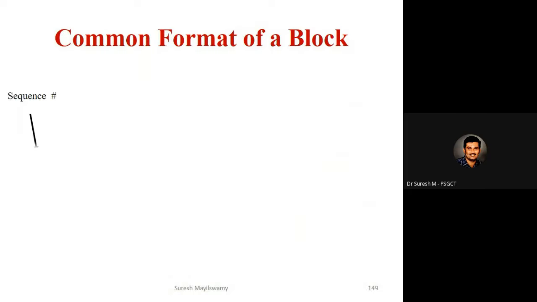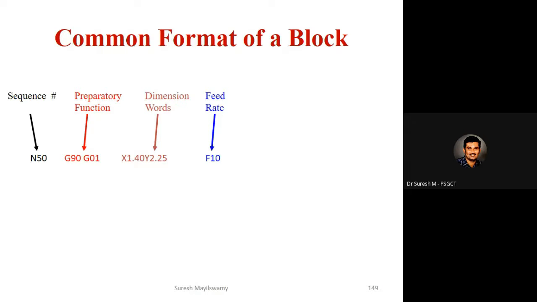Common block format. Here we have a sequence number, preparatory function number, G commands, dimension words, X, Y, and Z axis commands. Dimensions will be given here. And the feed rate. What is the feed rate to work the machine tool? That should be given in the program block.